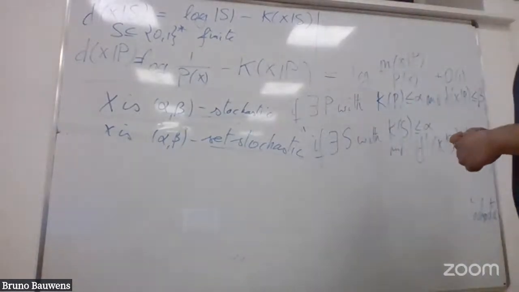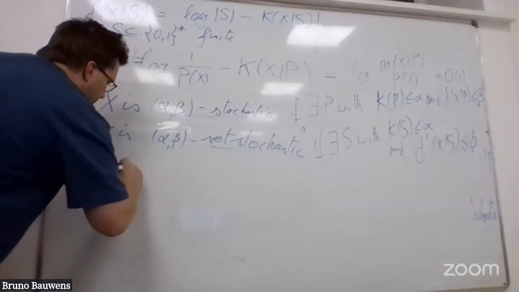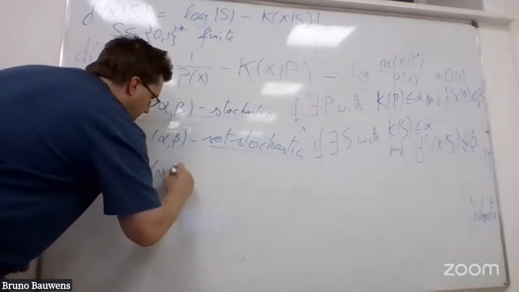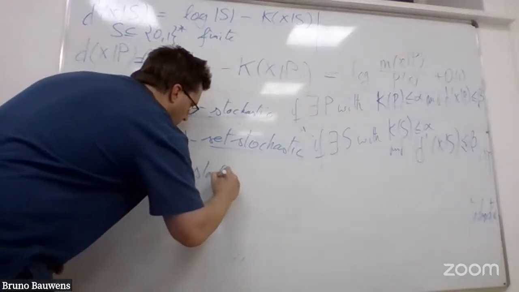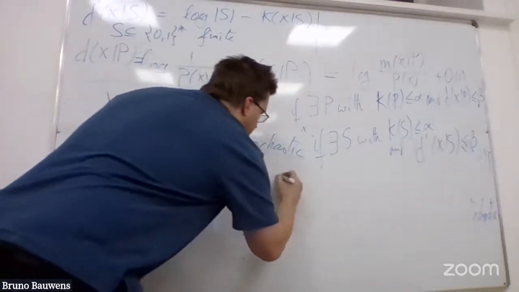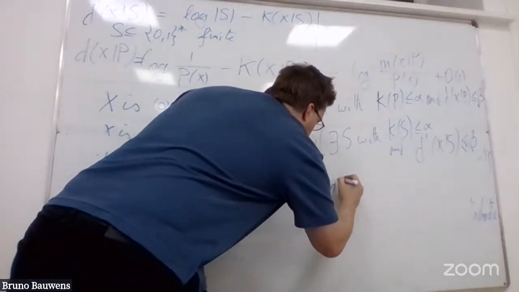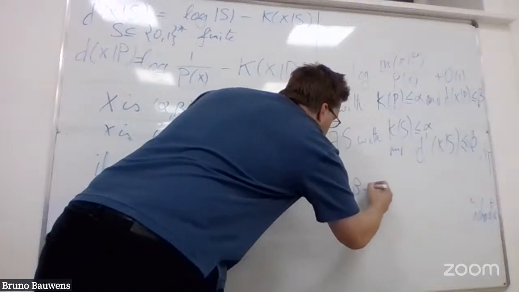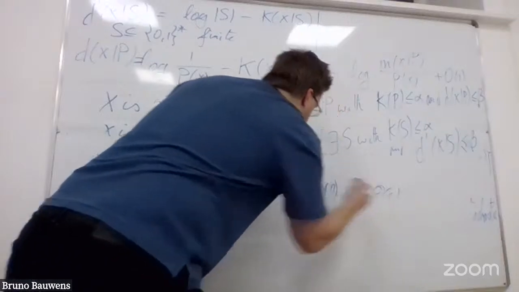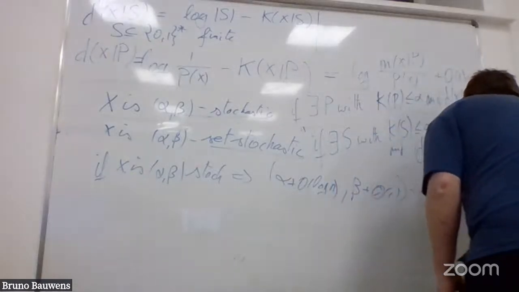And now here is the lemma. If X is alpha-beta stochastic, then it is alpha plus order log n, and I think here O of 1 is enough, we will need to check with the proof, set stochastic.